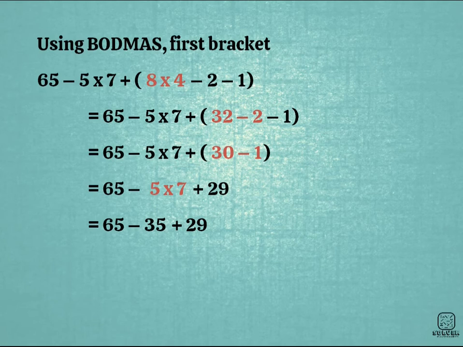Now subtraction and addition rank equal. That means we can do either subtraction first or addition first. So we will follow as is given in the question. So first step is 65 minus 35. That is 30. Next 30 plus 29 is 59. So that is the answer.